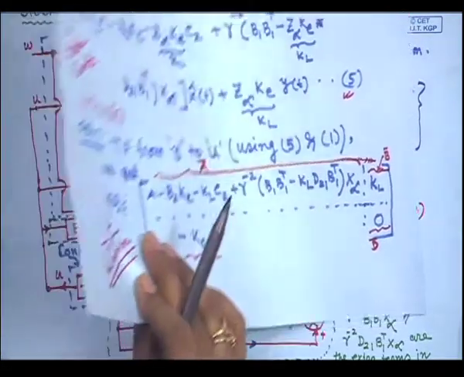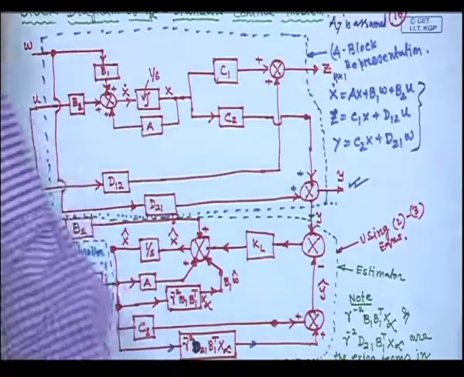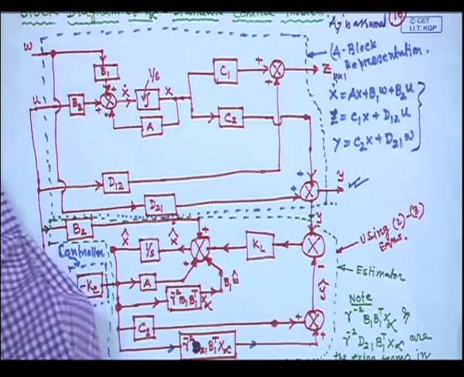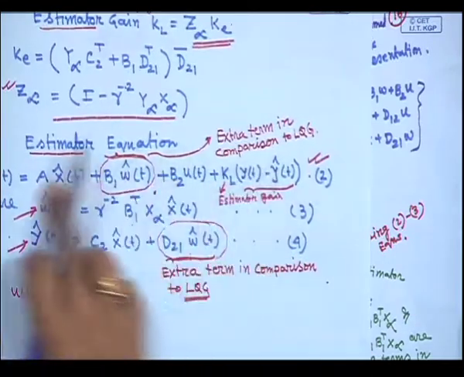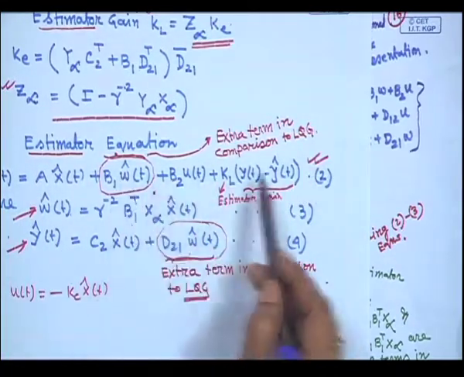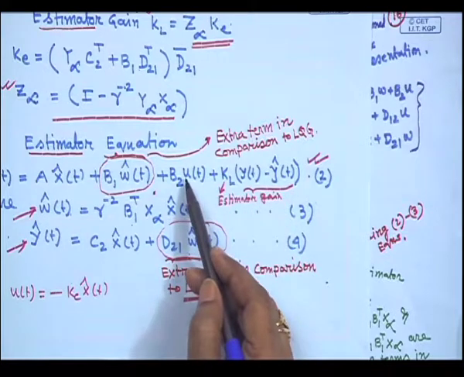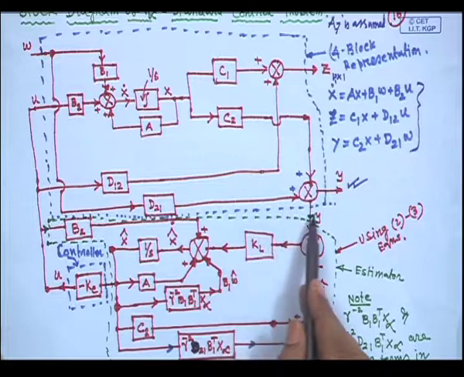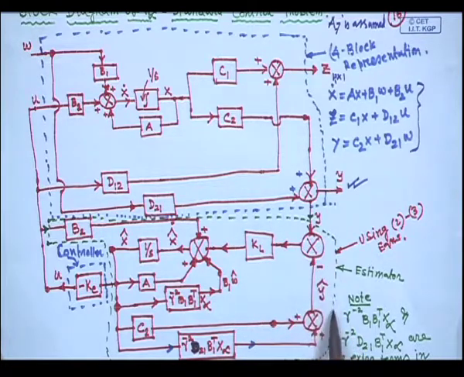See this one, estimator equation. I just wrote all these from the basic estimator equation. See, from this equation, putting the w hat and y hat and u, I got this block diagram. Agree? This with the dotted things.